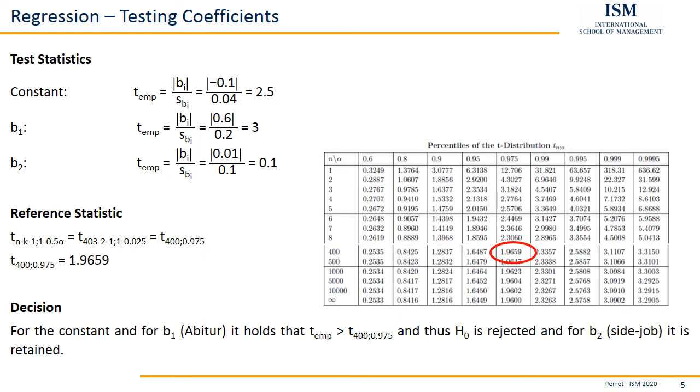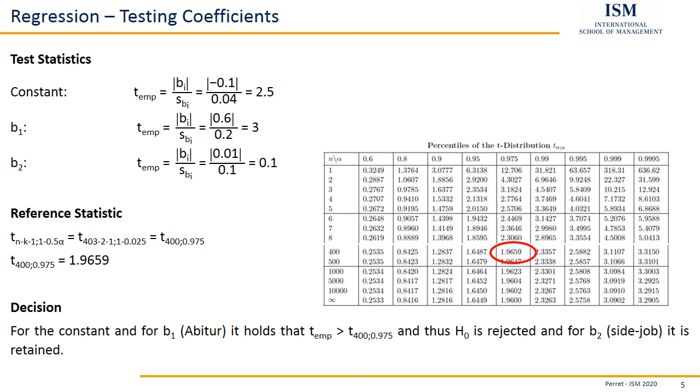So this translates into the constant is significantly different from 0. B1 is significantly different from 0. But B2 is not significantly different from 0. So even though we have a value of 0.01, we cannot exclude that this difference results from random fluctuations alone.